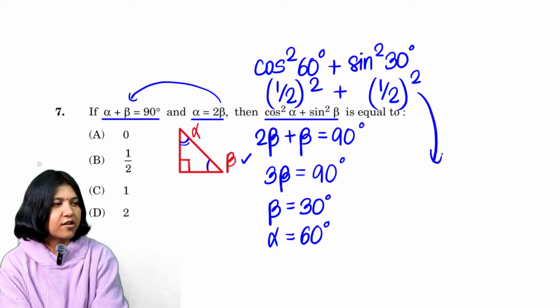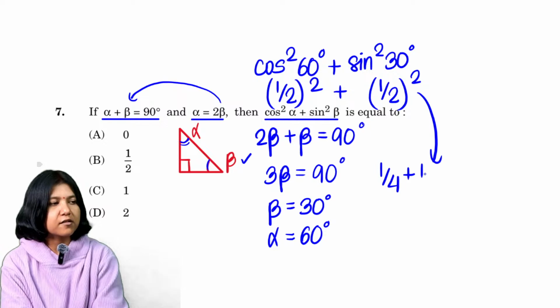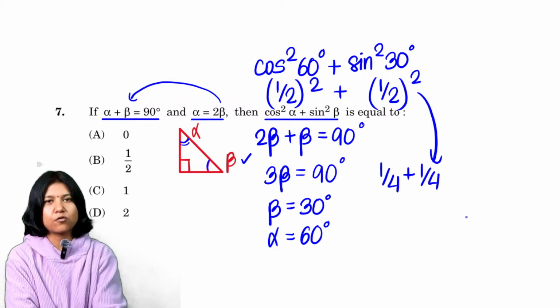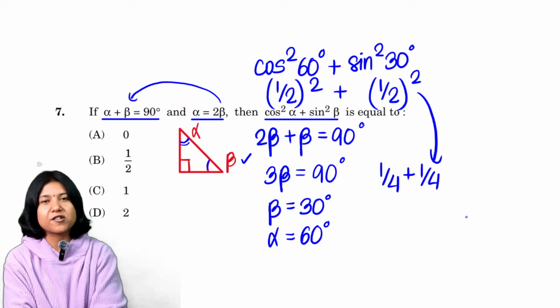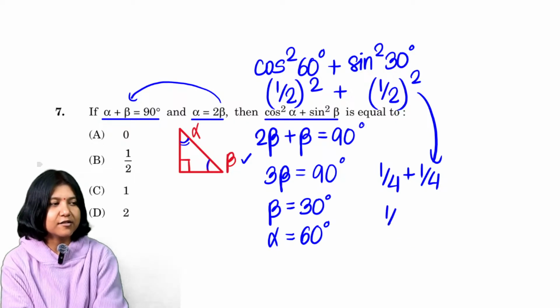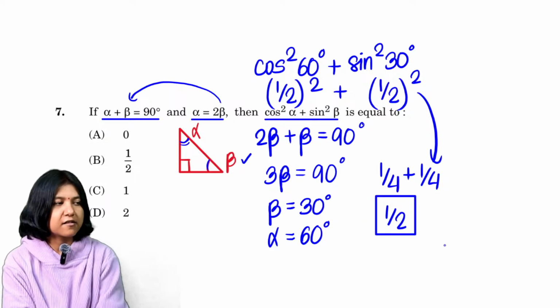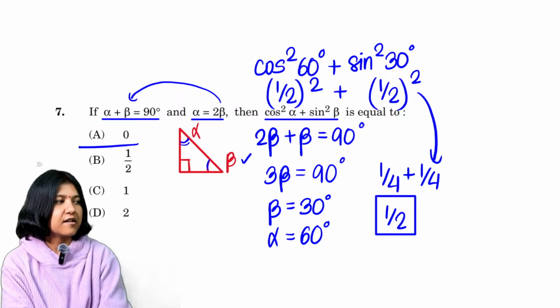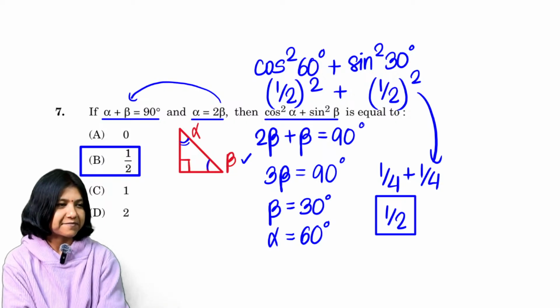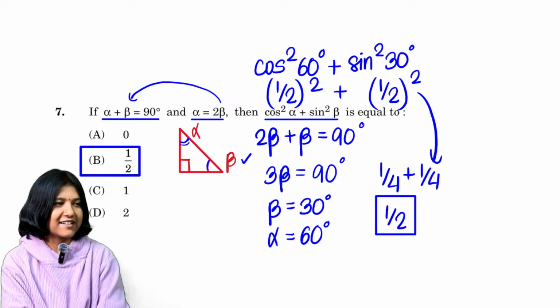So therefore, half squared is 1/4, plus 1/4. Obviously 1/4 plus 1/4 is 2/4, as in half. So you would just get the answer half. So that is it. Answer is option B.